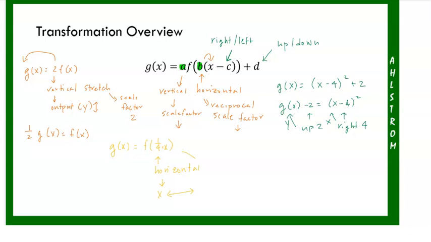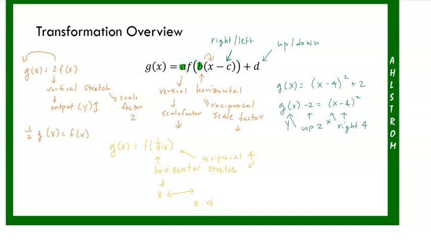Now you have to take the reciprocal to find the scale factor, which you actually multiply the x value by, which is 4. So when you multiply by a 4, it tells us that it is going to be a stretch. Whatever the inputs were, you multiply them by 4.